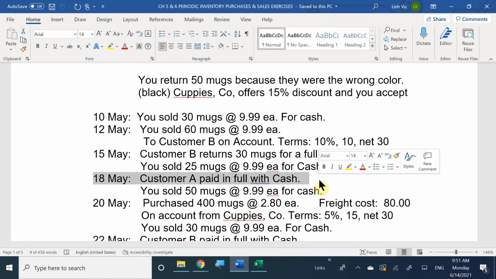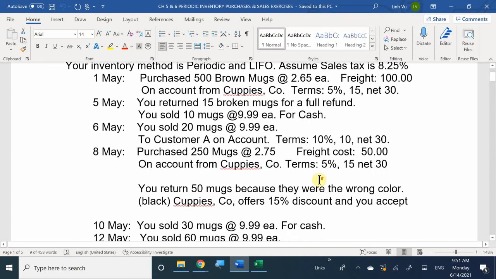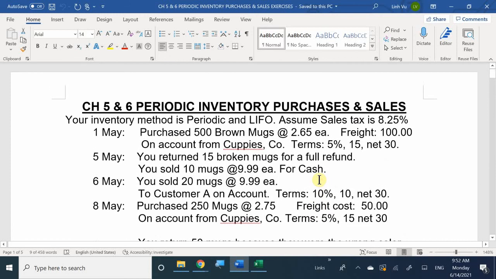Okay, so let's take a look. When did we actually sell to customer A? May 6th. How many days did we let them have for the discount? 10. So 10 days from the 6th is how many? They're outside of it by 2 days. They missed it. Yes, that's correct.